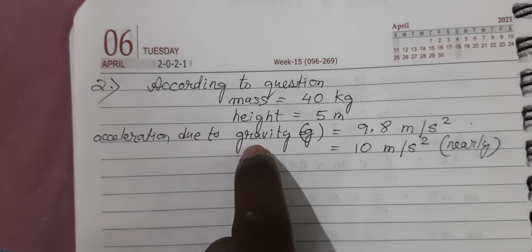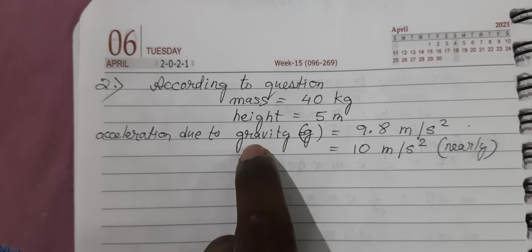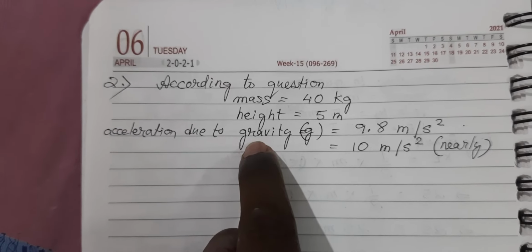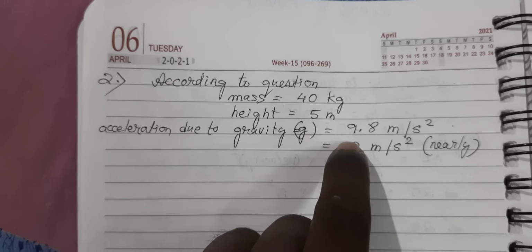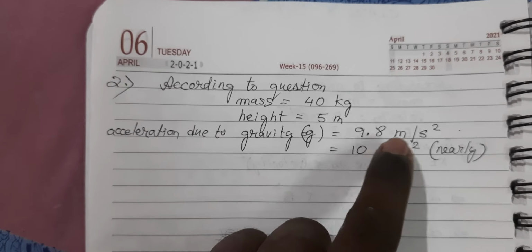Now what is this gravity? We know that every body is attracted towards the center of the earth by a force which increases the velocity by 9.8 meters per second.